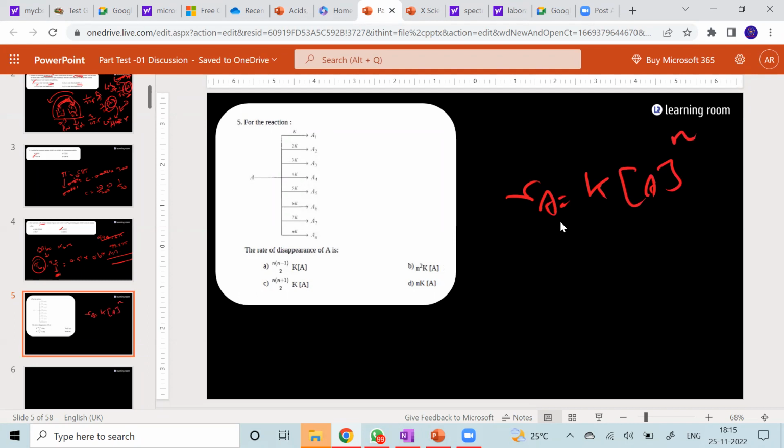All the ratios here are 1:1. 1 mole of this gives 1 mole of this, 1 mole of everything. So I should have N A's here so that you get N values, A1 to AN. So definitely it would be K A power N. No, but that answer is not there.